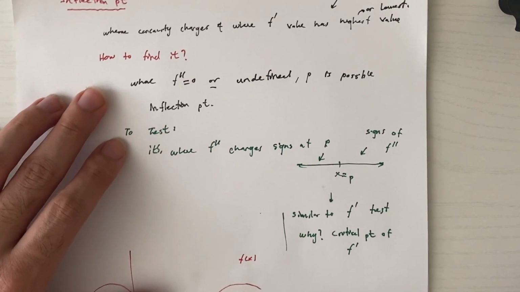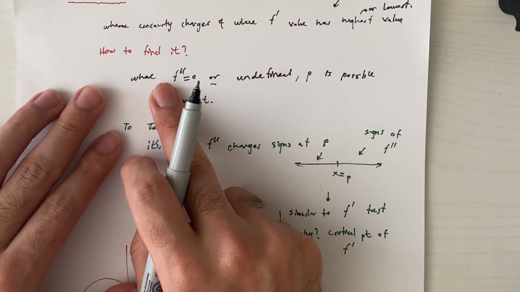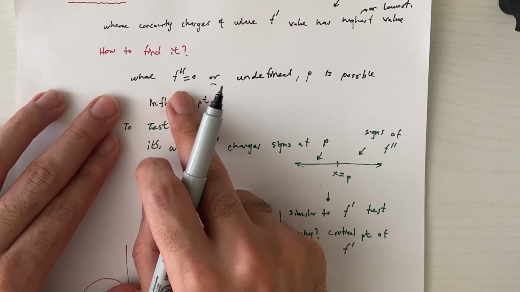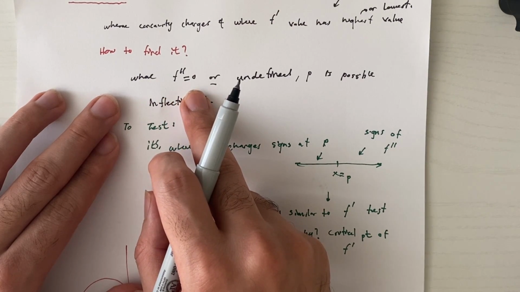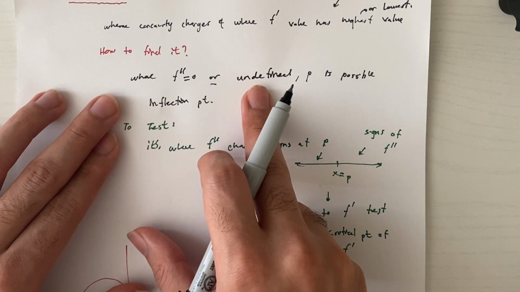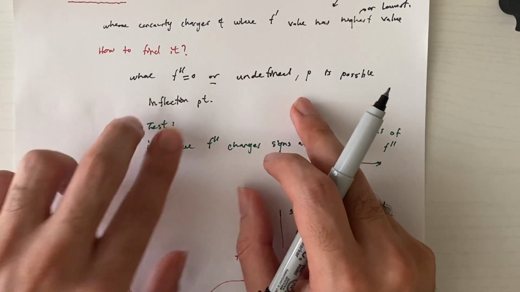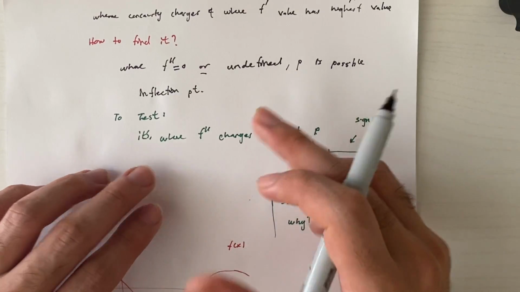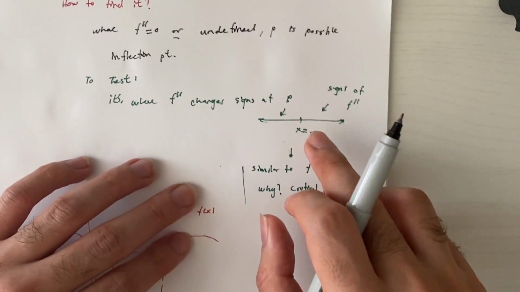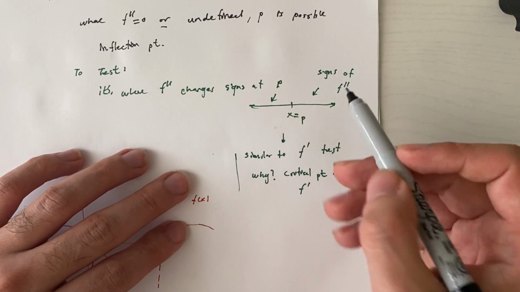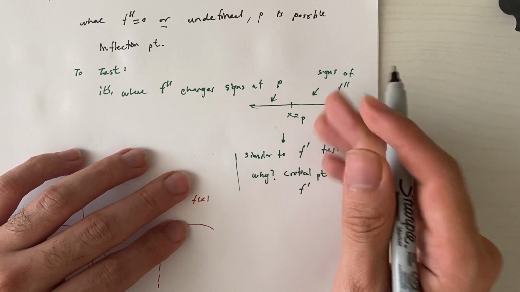Now, how do we find an inflection point? A possible inflection point is where the second derivative is 0 or where it is undefined. To confirm it is an inflection point, we have to do a test. So I'm going to draw a number line. This x equal to p is the possible inflection point.